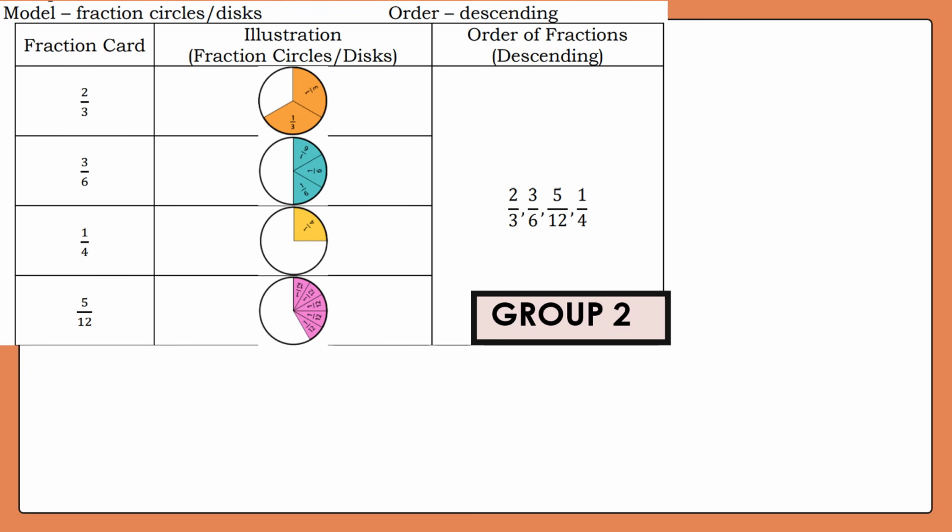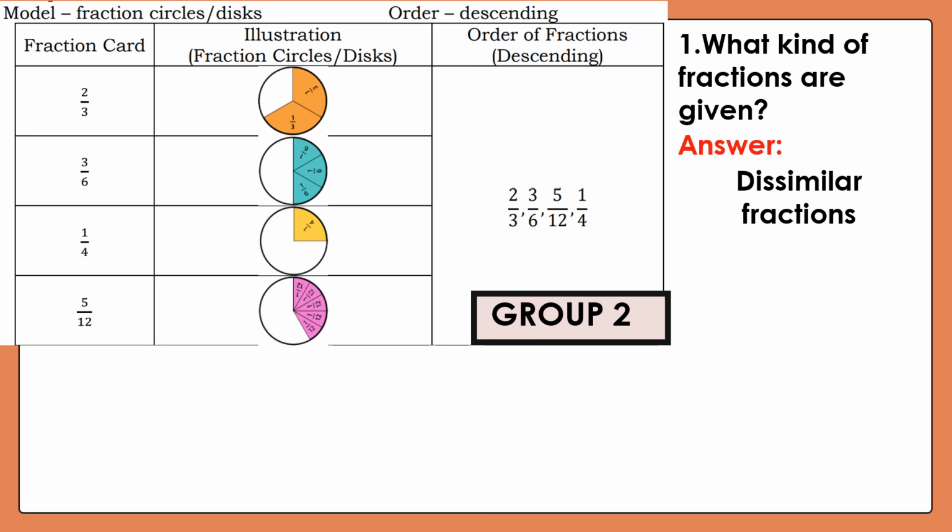For group number 2, order descending. Fraction cards 2/3, 3/6, 1/4, and 5/12. Questions: what kind of fractions are given? The answer, dissimilar fractions.